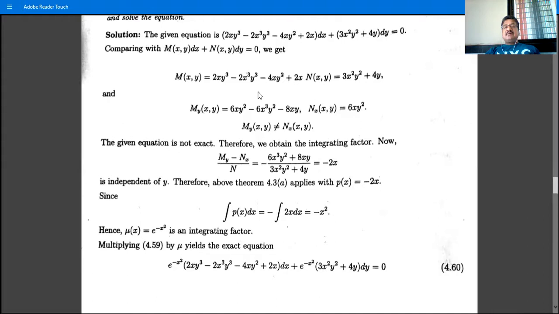So minus 6xy square, and their subtraction, 6xy square and minus 6xy square, become 0. So we have minus 6x cube y square minus 8xy as the answer.